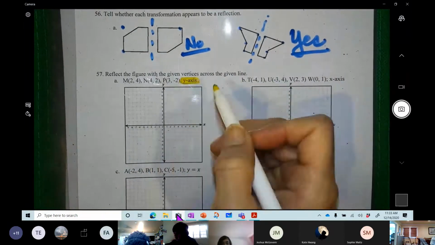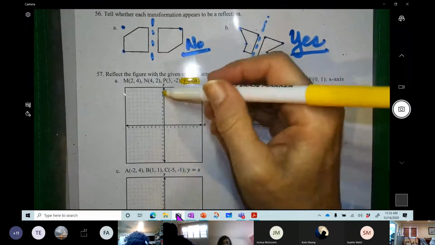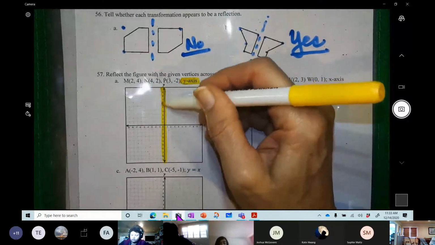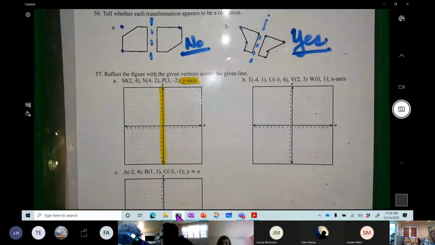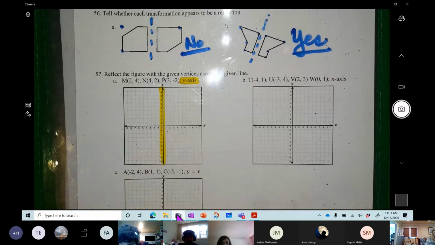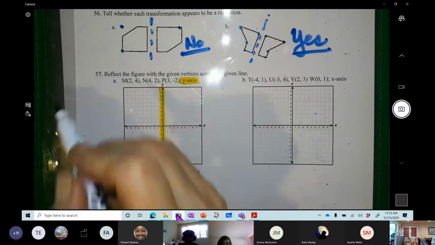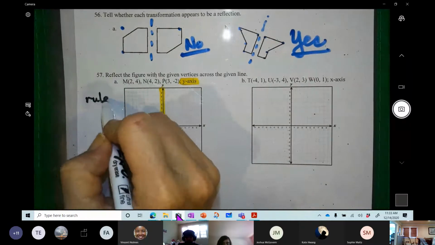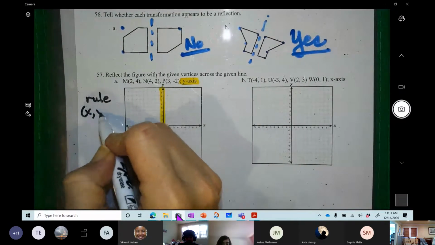So I'm going to actually highlight the y-axis here so that I know what I'm doing, because there's actually 2 different ways to do this. You can just look at the rule that we talked about and go from there, or you can count manually across this line. So first, let me write the rule down since this is review.